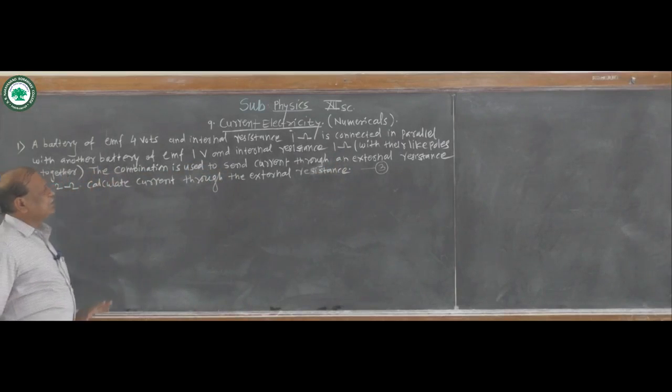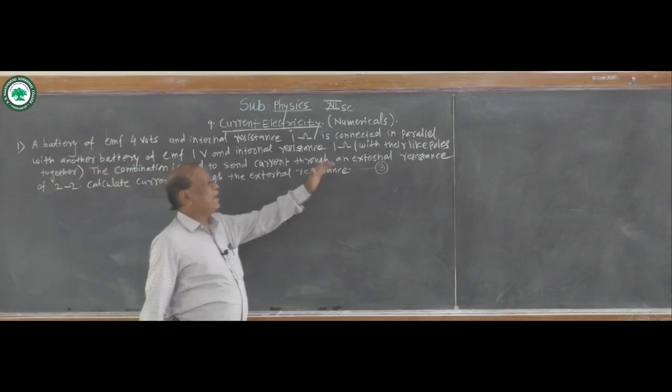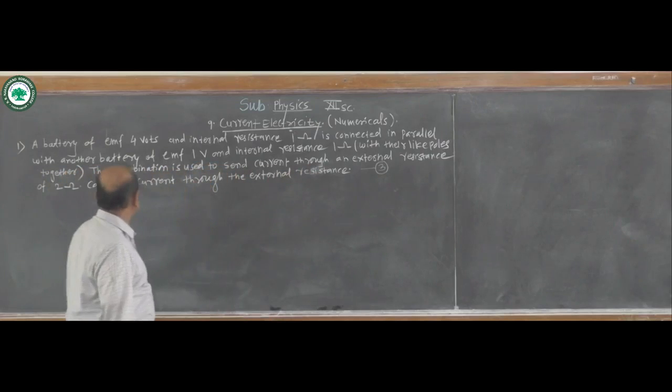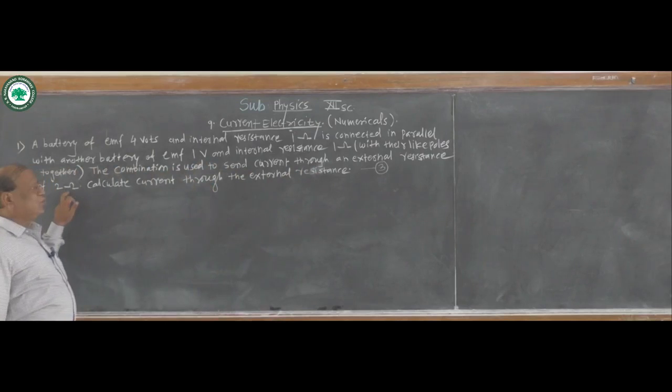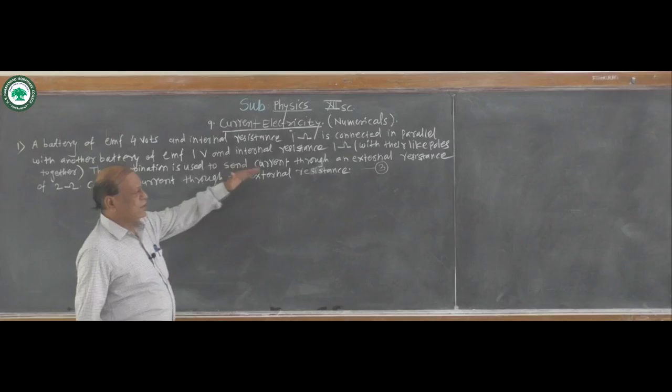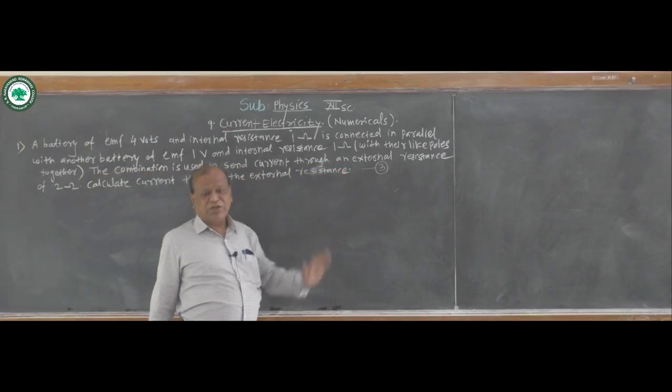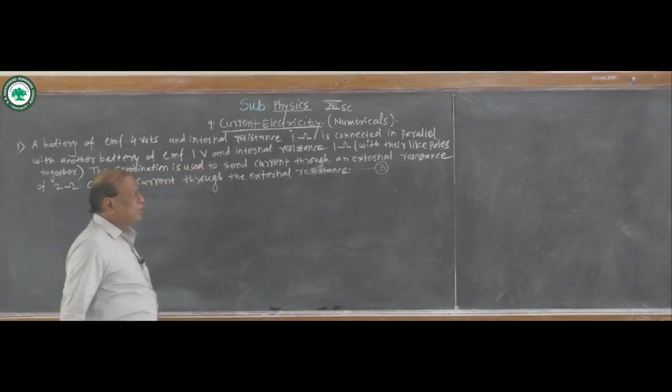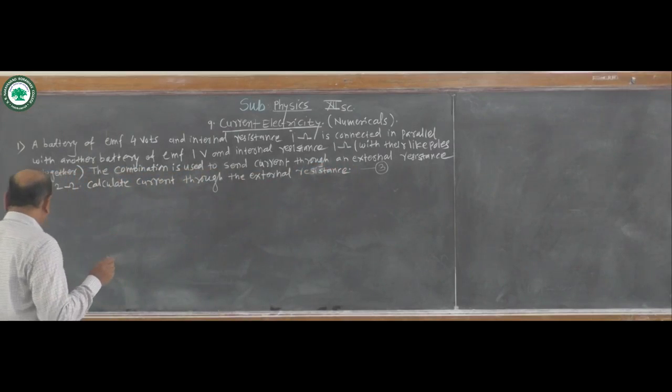The combination is used to send current through an external resistance of 2 ohm. Calculate current through the external resistance, for 3 marks. Now we have to solve this problem.